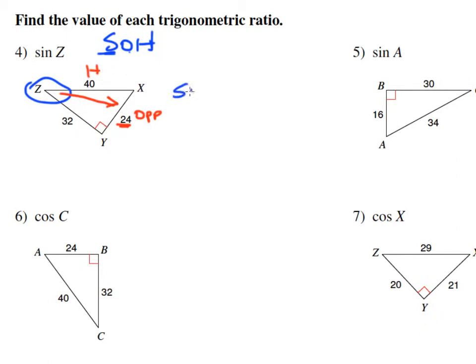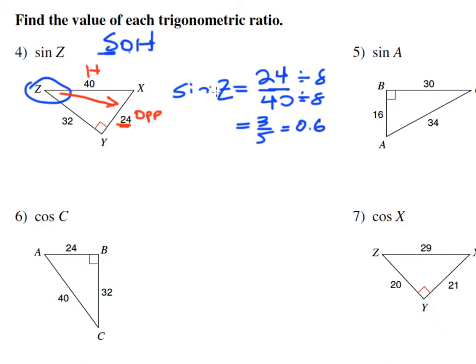So sine of z equals opposite 24 over hypotenuse 40. 24 over 40, and if we divide both by 8, it gives you 3 over 5, or if you do the division, you get 0.6, or 6/10. So sine of z equals 3/5, or 6/10.